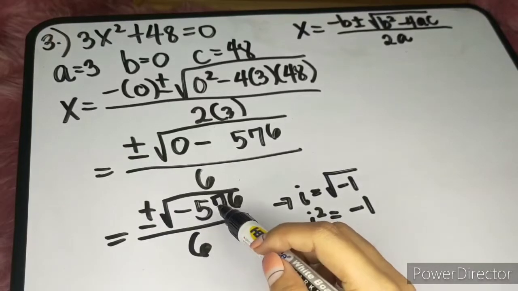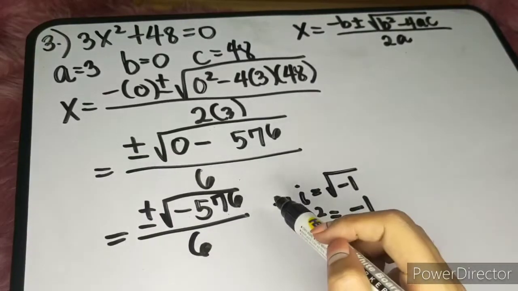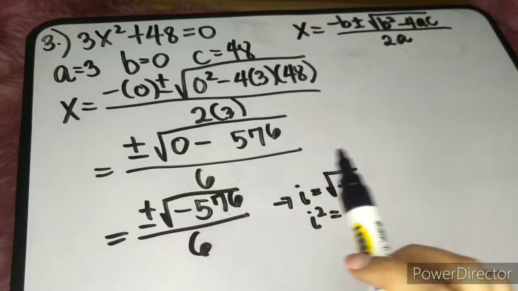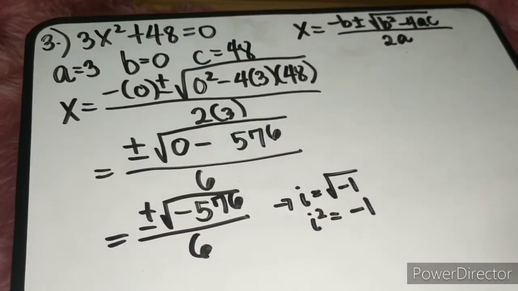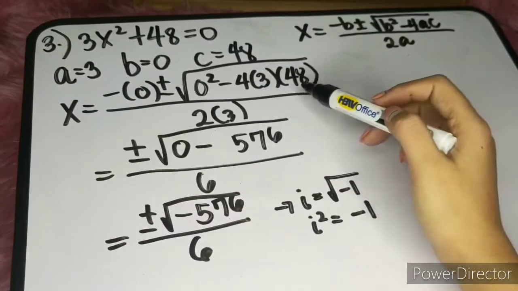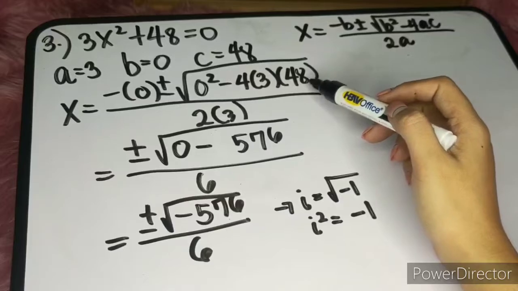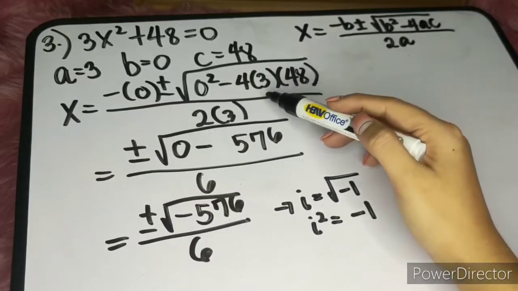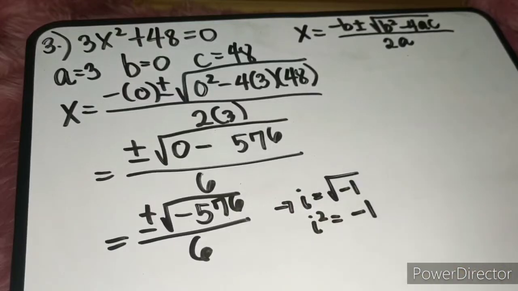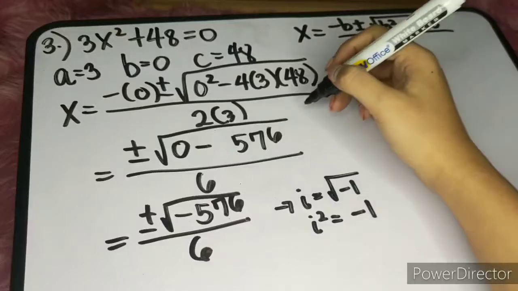And then, let's check if there's a perfect square factor ng 576 o perfect square ba si 576. So, let's see. 12, 48, 6 times 8. Okay, so I think 576 is a perfect square. That is 24 times 24.